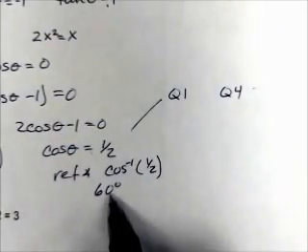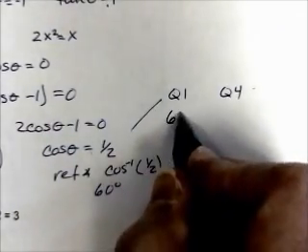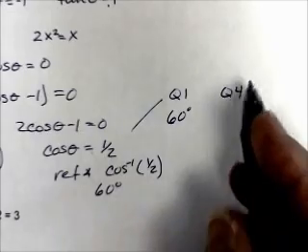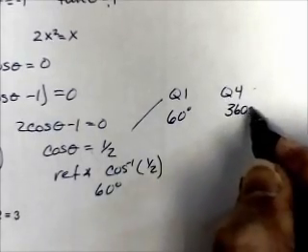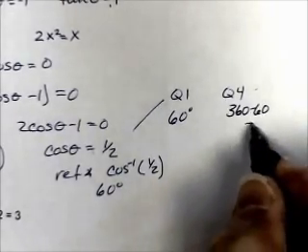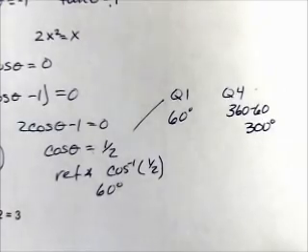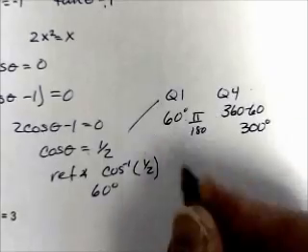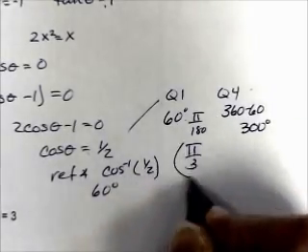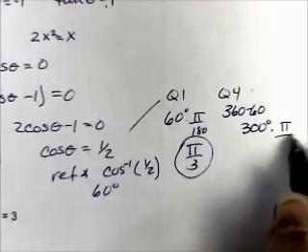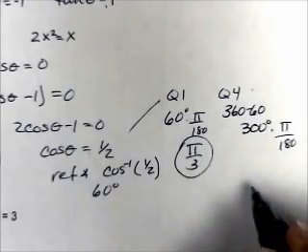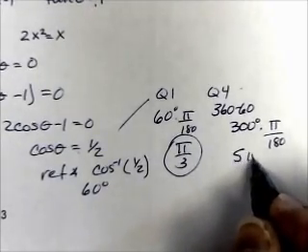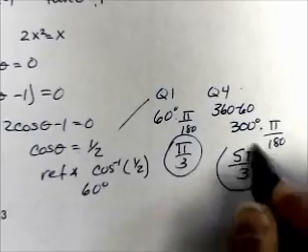So the 60-degree reference angle is its own angle in quadrant 1. In quadrant 4, that would be 360 minus 60, which is 300 degrees. And convert to radians, multiply by pi over 180. That would be pi over 3. And 60 goes into 300 5 times, 5 pi over 3. 4 values.